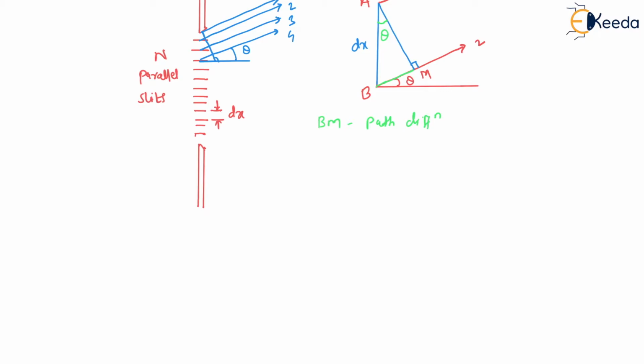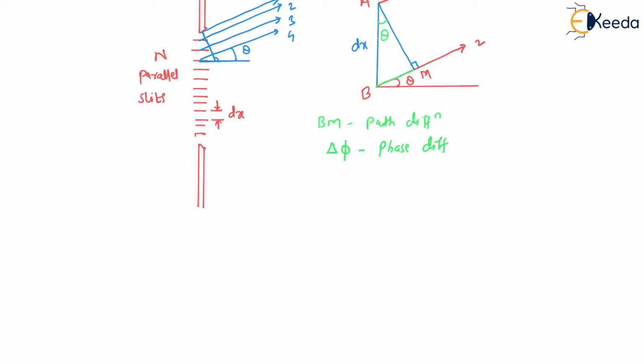Now here we will derive the next one, that is, we'll find this path difference. Now let us consider that all these waves have a phase difference, let it be delta phi. Delta phi is what? It is the phase difference corresponding to this particular path difference, that is BM.